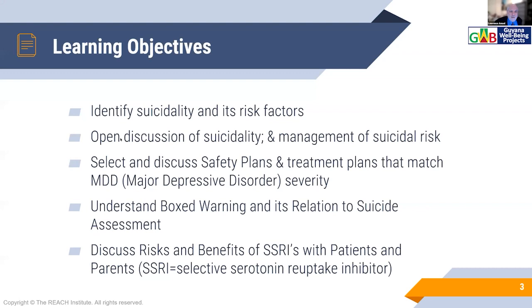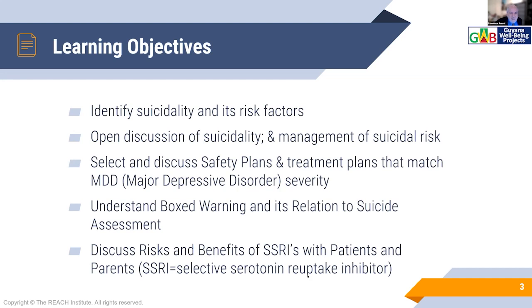Terrific. So let's go. What are we going to learn? We're going to learn to identify suicidality and its risk factors, have a discussion about suicidality and the management of suicidality, and select and discuss safety plans and treatment plans that match the severity of depression, because depression is a very big risk factor.